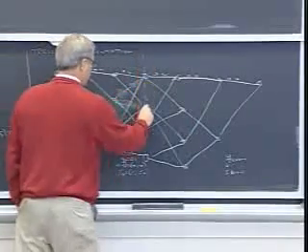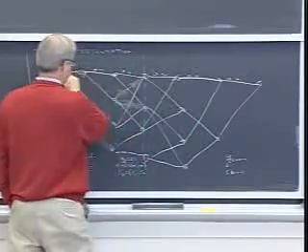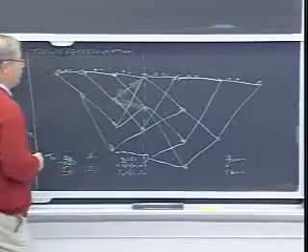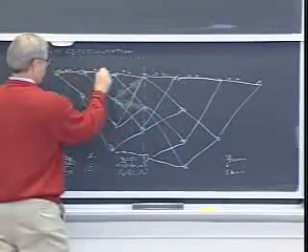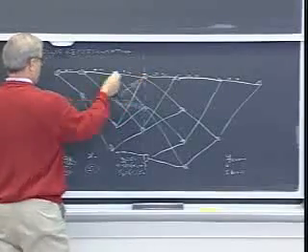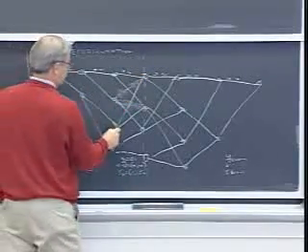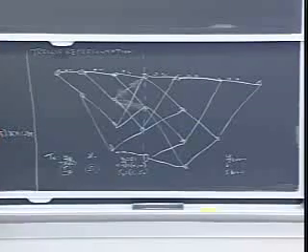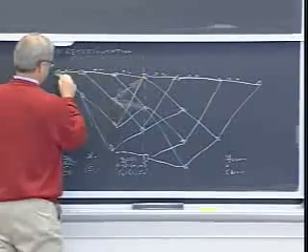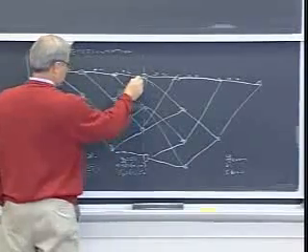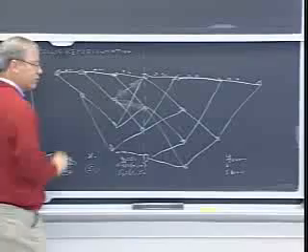Now, here's the first point where it gets interesting, where I have 2 possible ways to get to this node. One way is via these 3 branches, and that has a certain cost. Another way is via these 3 branches, and that has a certain cost. Suppose the cost of these 3 branches is higher than the cost of these 3 branches, just pairwise.